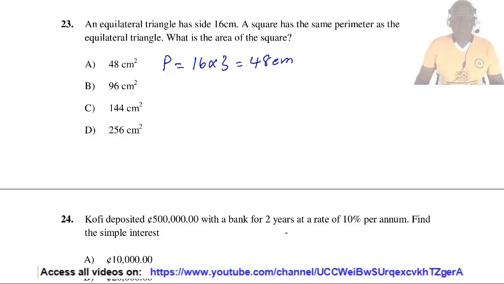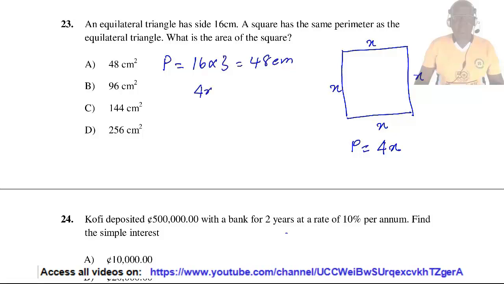Now let us sketch the square and let the side of the square be S. So the perimeter P is equal to 4S, that is S plus S plus S plus S. Now 4S equals 48, since the perimeter of the square equals the perimeter of the triangle.